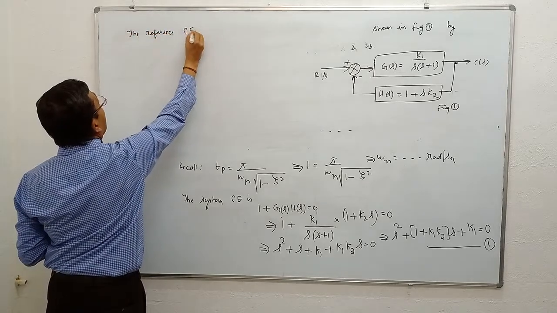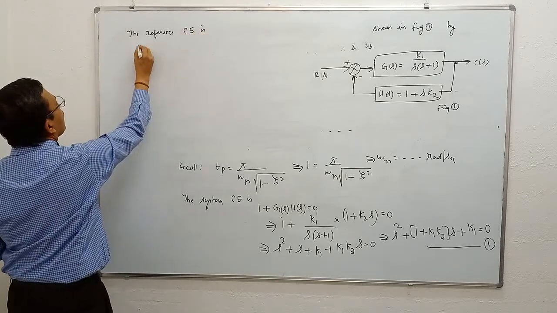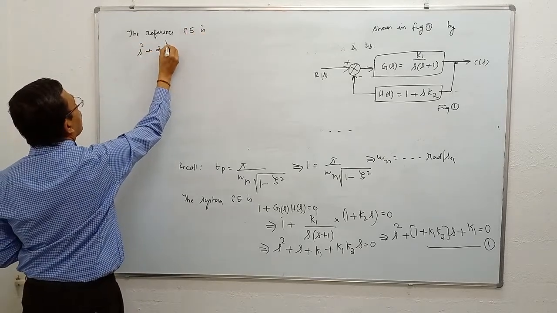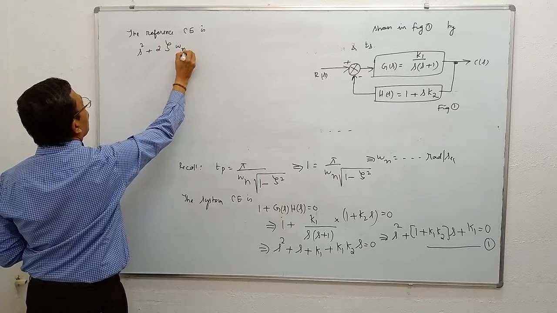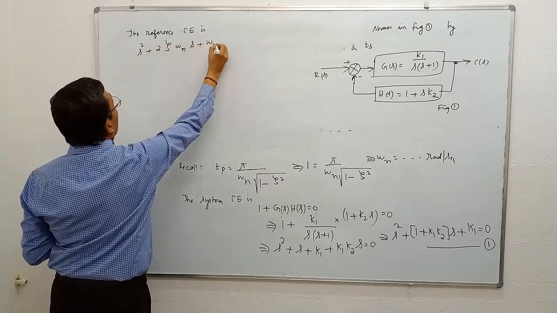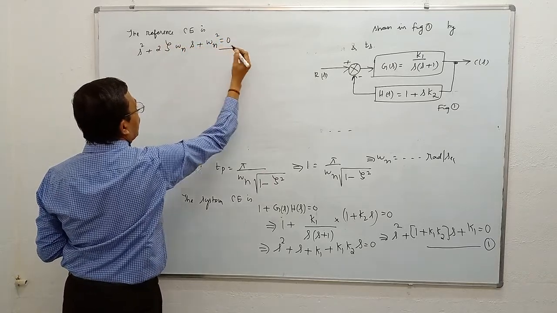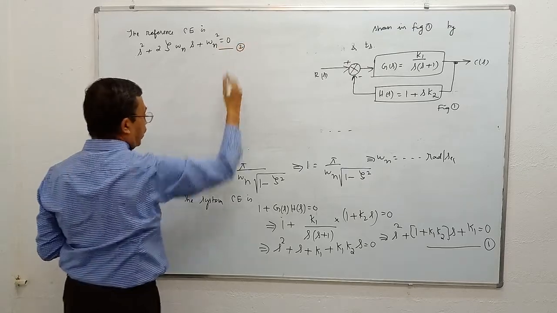The reference characteristic equation is s square plus 2 zeta omega n s plus omega n square equal to 0. This is equation 2.